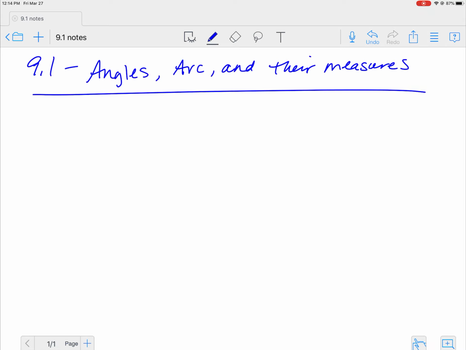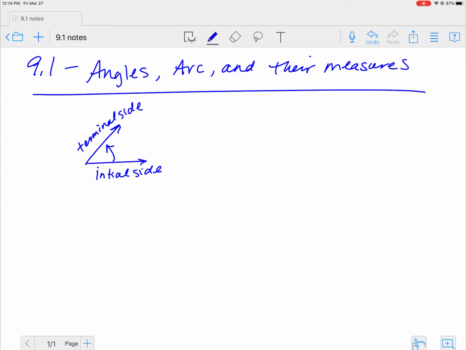We just want to set the stage, get things set up for us, and then we can move forward with our trig. There's a couple of things that we want to talk about. If I have an angle, whenever you do your measurement, you always start on the initial side, it's called.